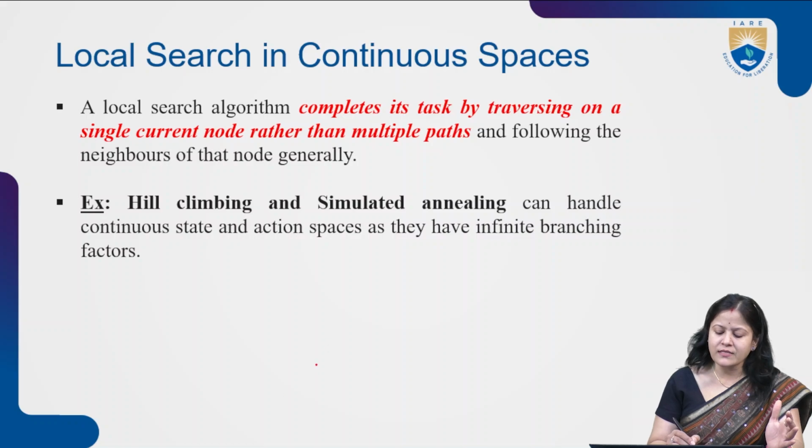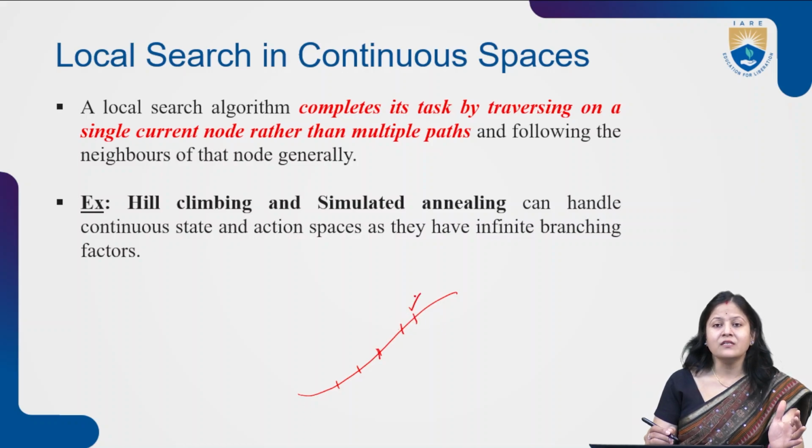It follows a single path by observing the solutions of the neighboring states. If the solution of the neighboring state is better than the previous state, then the neighboring state is considered the current state. Like this, it will try to explore the path until the optimized result is found.